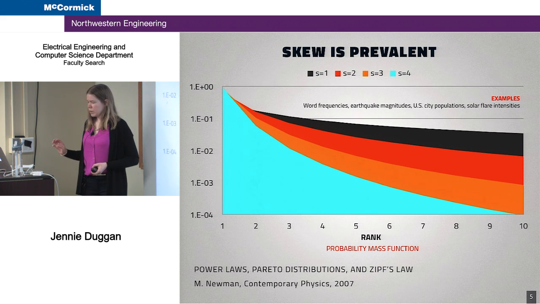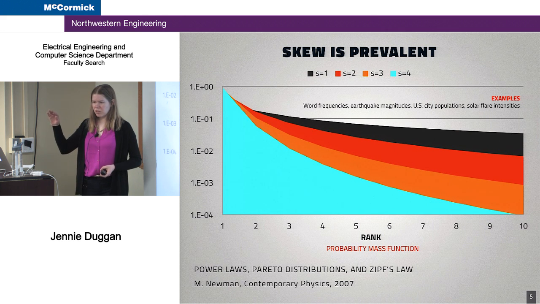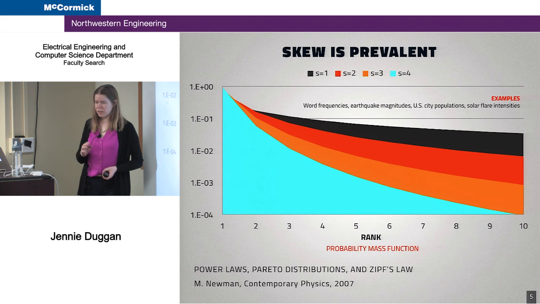Because skew is so prevalent, and it has this exponential drop-off, it creates new challenges for optimization. When I talk about this Zipfian skew, I mean that, for example, with US cities, the top-ranked cities will have a population of n, and the second-ranked ones will have a population of n over 2, third n over 4, and so on. So we have this precipitous drop in where the data is concentrated.